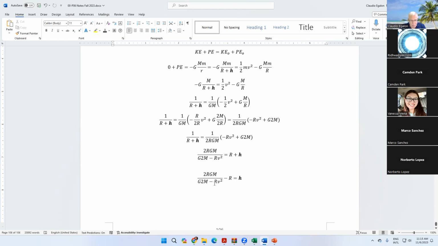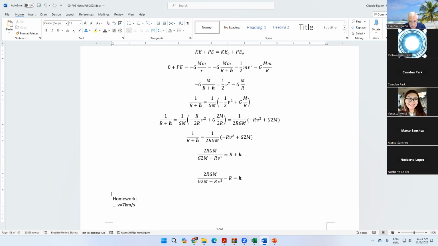A very good number for V should be around 7 kilometers per second, which is the orbital speed, not necessarily the high speed needed to put it in orbit because it's being shot upwards. I want you to do that at home, homework on your own. I'm not going to correct that.